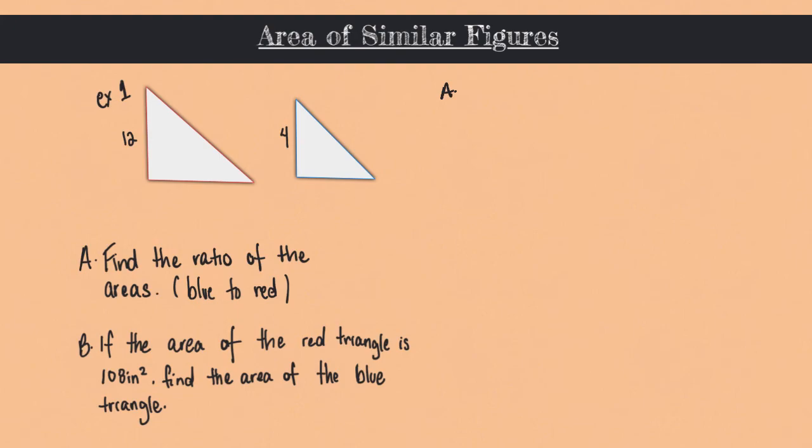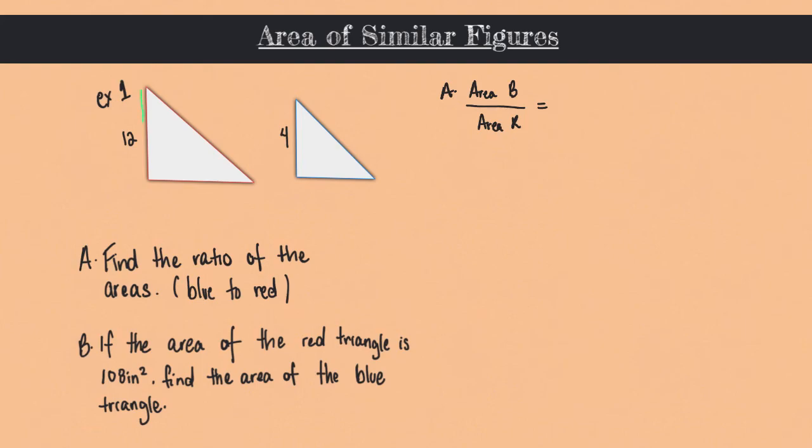The first thing, the ratio is going to be area of the blue to the area of the red, okay? Now, based on what we talked about in the previous slide, we said it's equal to the square of the ratio of the corresponding sides. Well, the corresponding sides that we're given in our triangle are the height of our triangle.